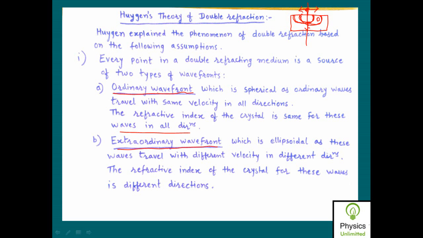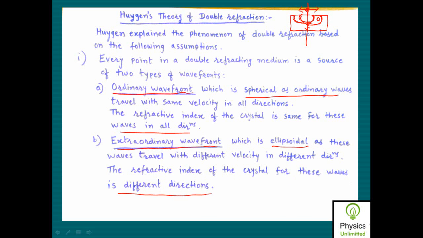So one of the wavefronts is the ordinary wavefront, which is spherical, as ordinary waves travel with the same velocity in all directions. The refractive index of the crystal is the same for these waves in all directions, while the extraordinary wavefront is ellipsoidal, as these waves travel with different velocities in different directions, so the refractive index of the crystal for these waves is different in different directions. Is it clear? Yes, sir.